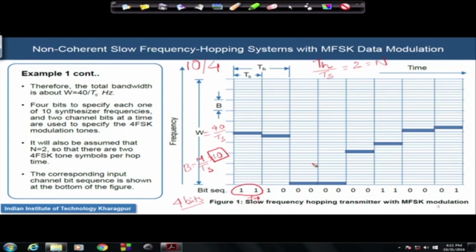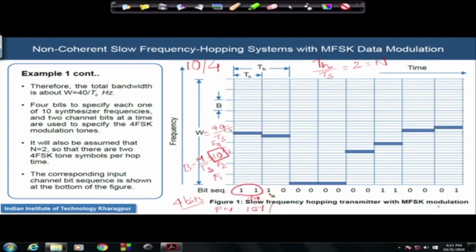The bit pattern that we have seen earlier was such that it was F1, F2, F3, F4. So, we are first in the channel number 5. The PN sequence has first generated 101. We have chosen the channel number 5 and our MFSK tone was 4th. Hence, the transmission should go like this.